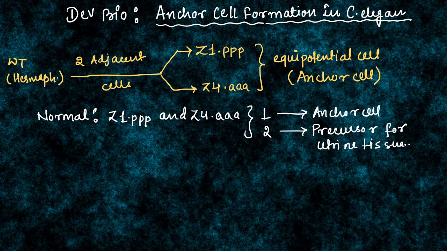So this is a normal condition. Like in a wild type hermaphrodite, there should be interaction between these two cells, and the interaction should be in this manner that one should become the anchor cell and the second one should become the precursor for the uterine tissue.